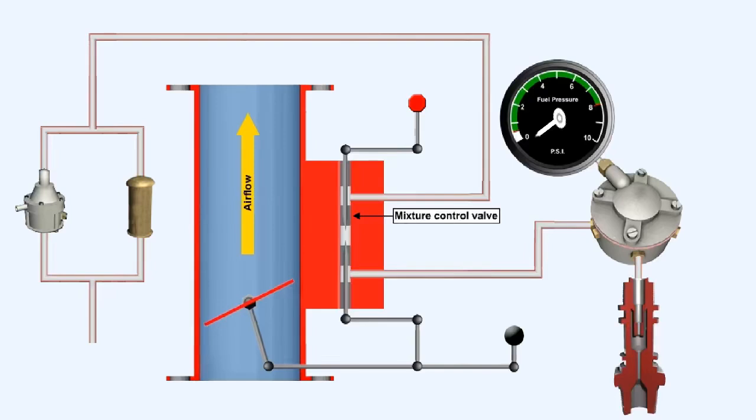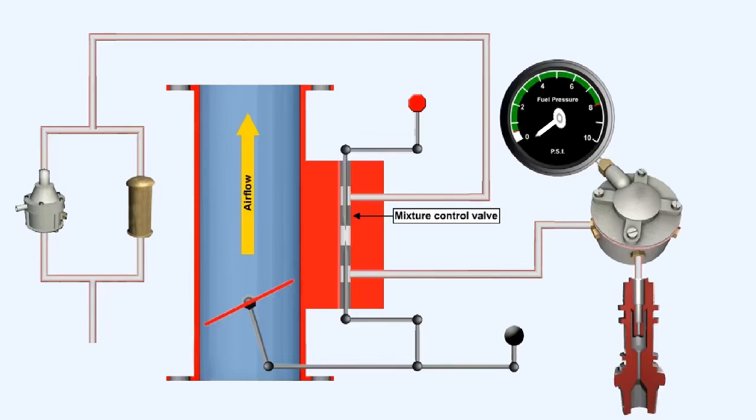The first valve that the fuel encounters as it passes through the fuel air control unit, the mixture control valve, is connected to the pilot's mixture control lever and bleeds off fuel pressure which is being applied to the fuel metering valve. Thus, the air-fuel ratio can be varied from the basic setting of the fuel metering valve as required by operating conditions.